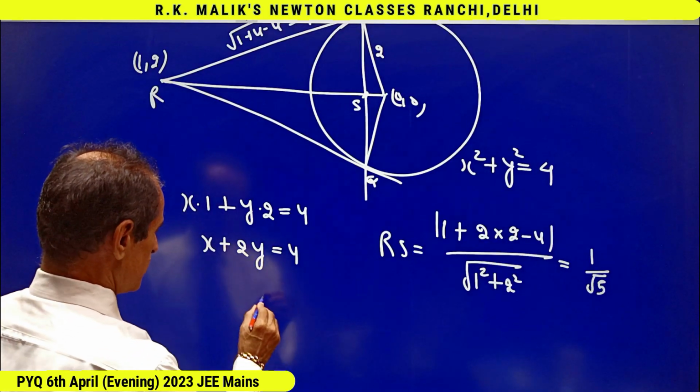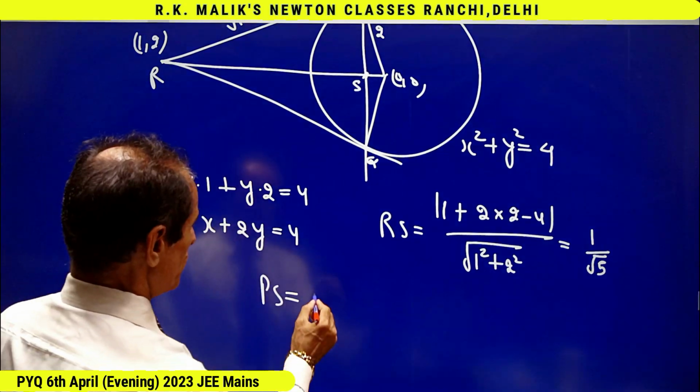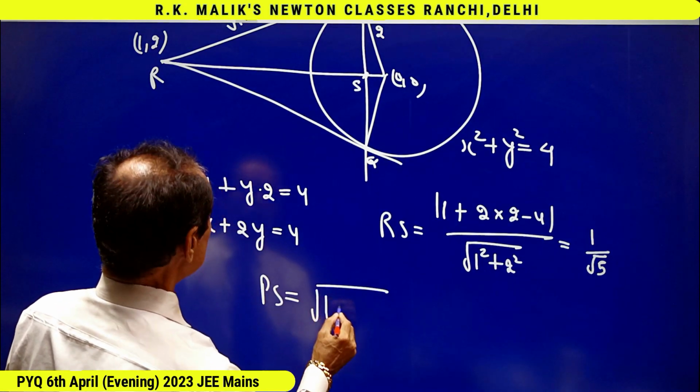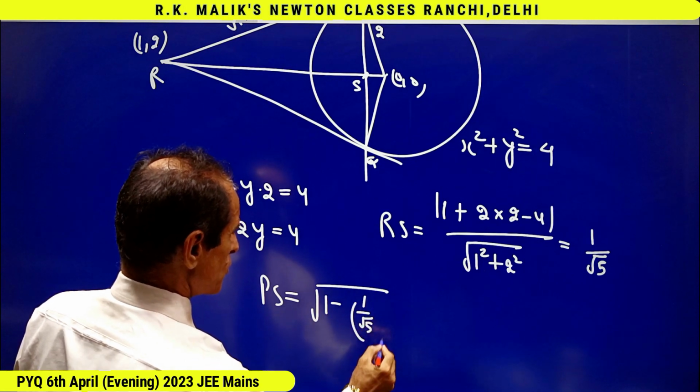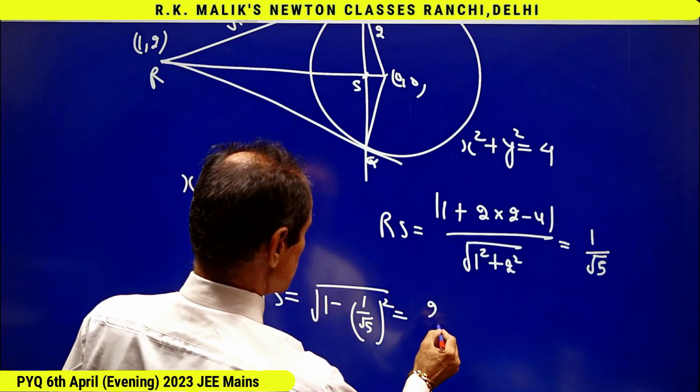And the length PS will become √(1 − 1/5), that is 2 by root 5.